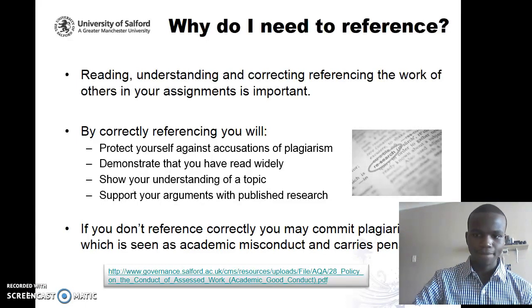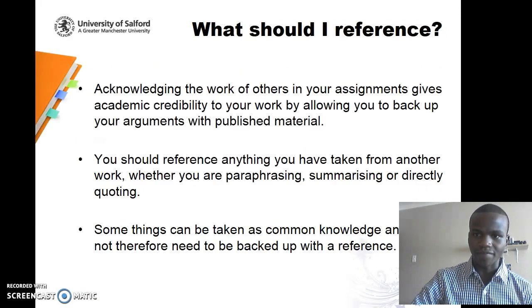Okay. If you don't reference correctly, you may commit plagiarism, which is seen as academic misconduct and carries penalties. It is very, very important to reference, guys. Why should I reference? Acknowledging the work of others in your assignment gives academic credibility to your work by allowing you to back up your arguments with published materials.